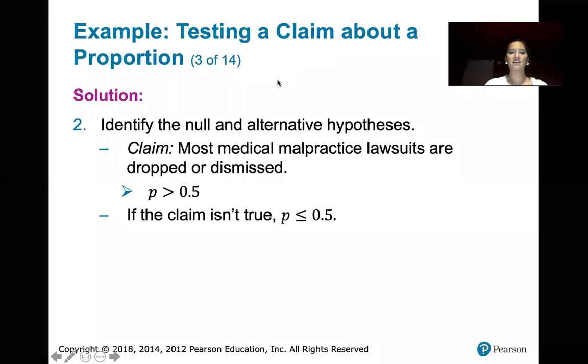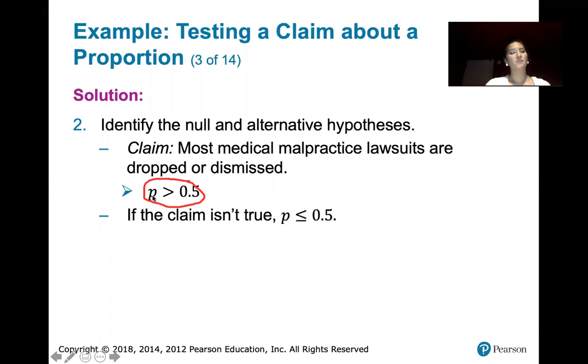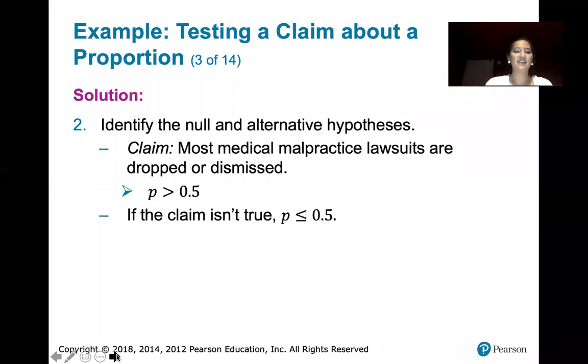Well, this one right here has a strictly greater than sign. So p is not allowed to equal 0.5. So this is our alternative hypothesis. The one without the condition of equality is the alternative.